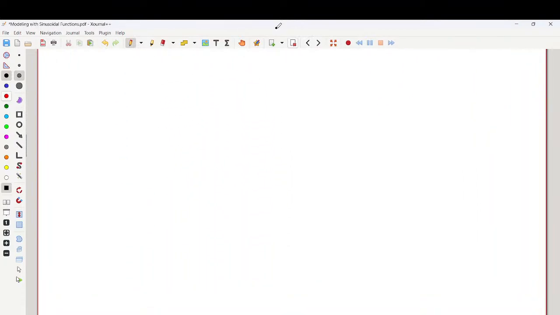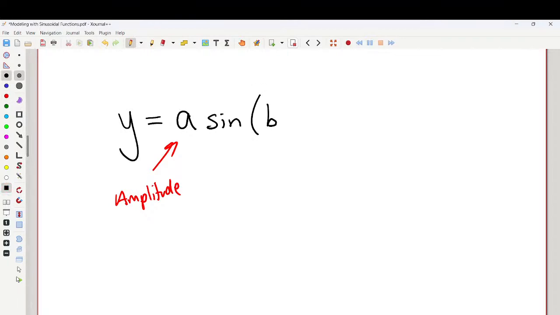So at the end of the day, A, amplitude. Whether this is sine or cosine really doesn't matter. The problem will tell you. Period: 2 pi over b.